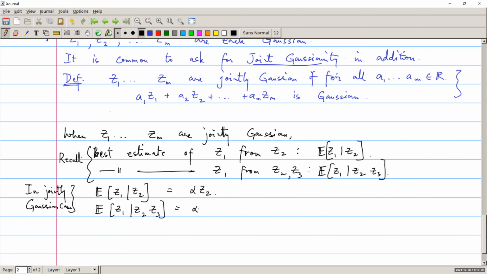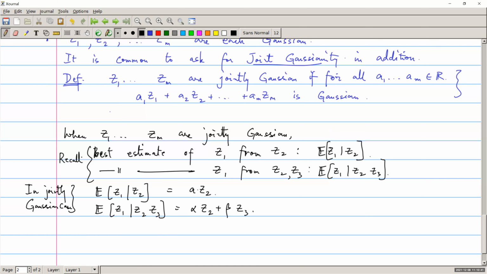So it is, let's say, alpha prime z. What happens is that when you have a bunch of jointly Gaussian random variables and you estimate one random variable from the others, your estimates are just linear functions.